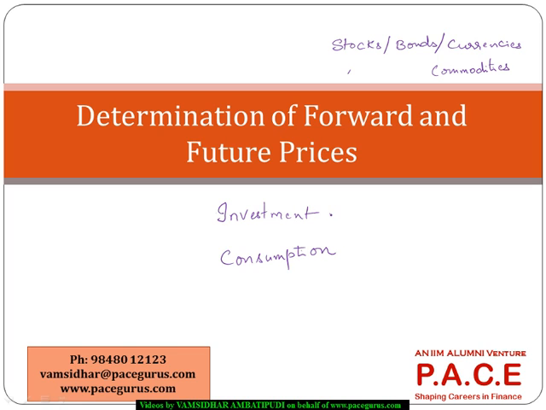When I'm talking about an investment asset, that particular asset generally is held by a good number of investors, primarily from an investment perspective. Some people may still use it for consumption, but the majority of the participants invest in it.